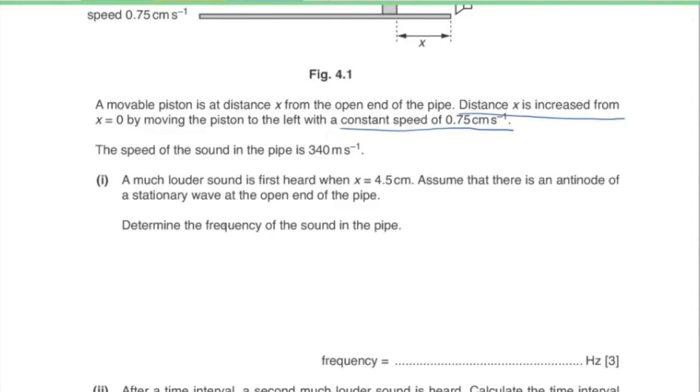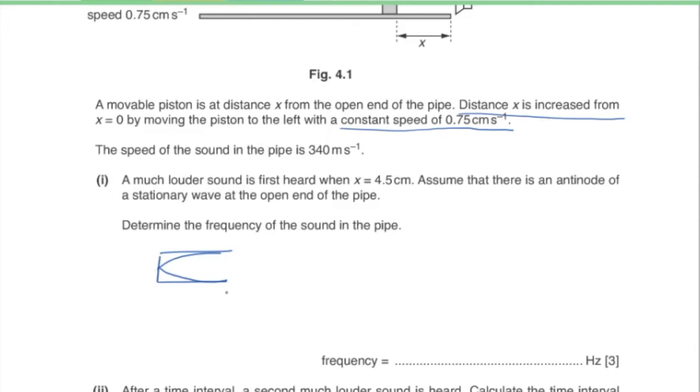So for frequency, we need to have the speed and the wavelength of the sound wave. And for wavelength, we know that the first sound is going to be heard when x equals 4.5 centimeters, and that's possible when this pattern of wave forms in the pipe, which is fixed for a tube that has an open end and a closed end.